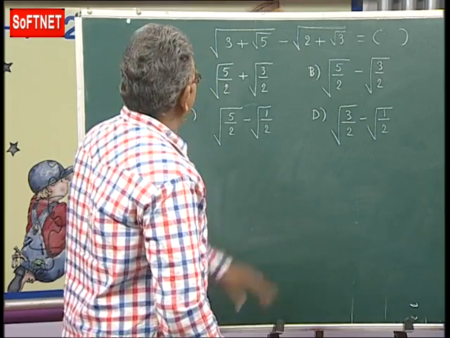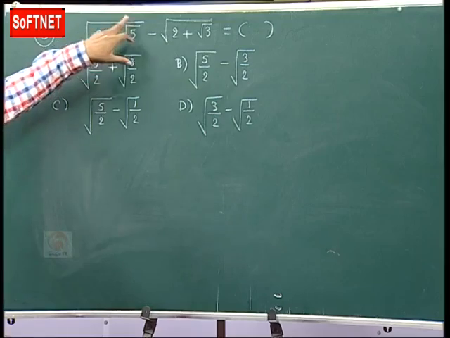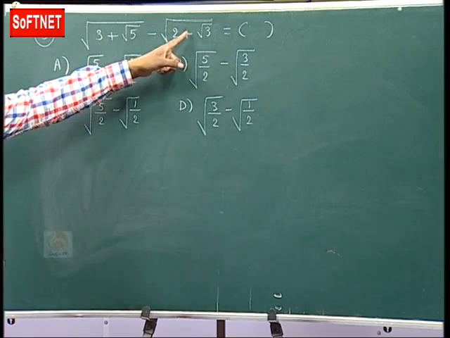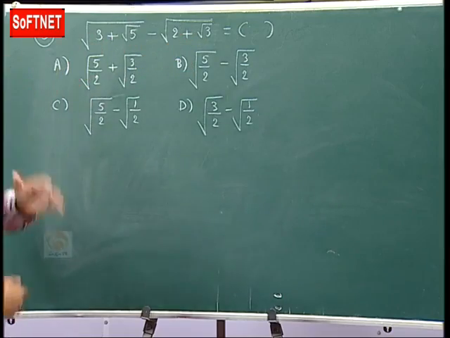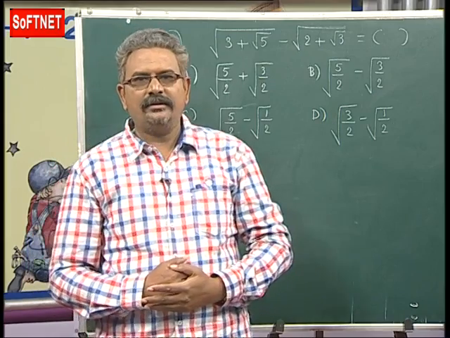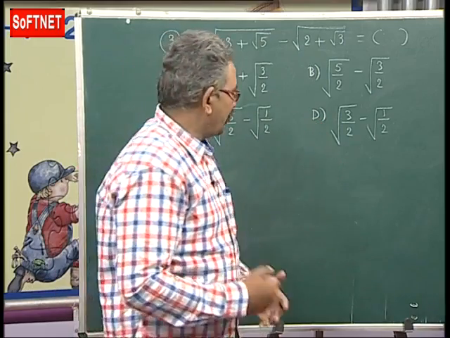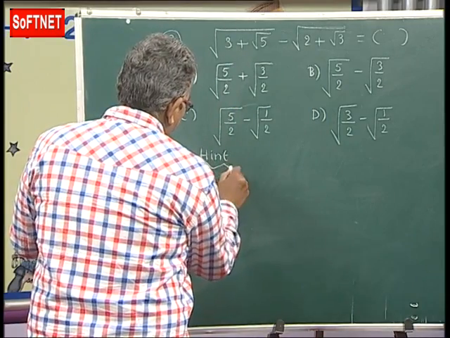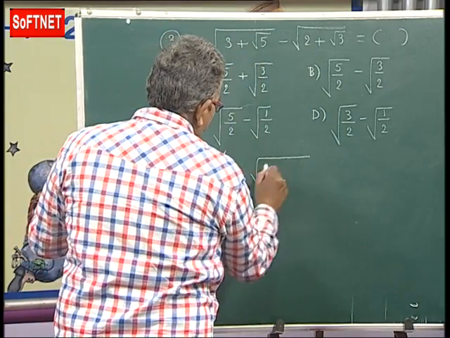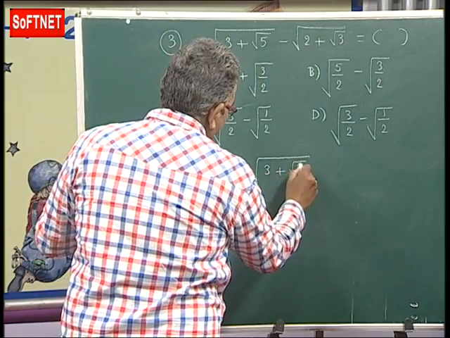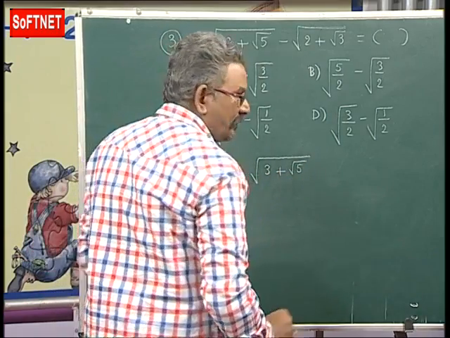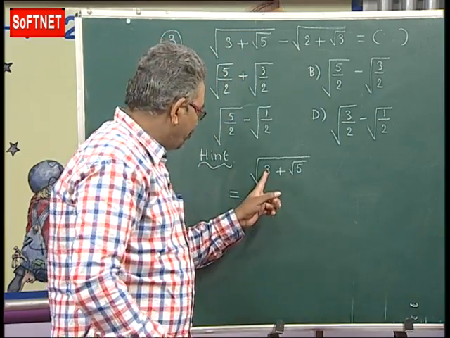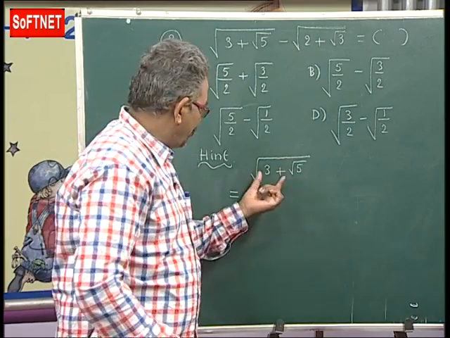Okay. That means first we have to find the square root of this one, next the square root of this one. So subtract the square root of 2 plus root 3 from the square root of 3 plus root 5. So let us solve it. If you want to find the square root of 3 plus root 5, we have discussed earlier how these kinds of problems are solved by multiplying and dividing by 2 inside the square root.